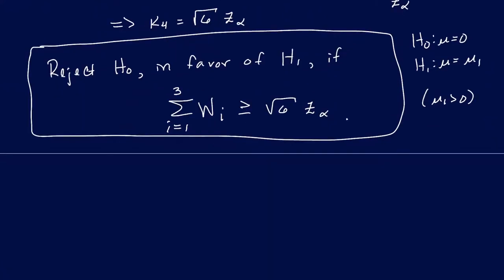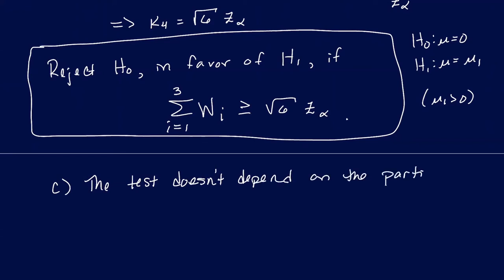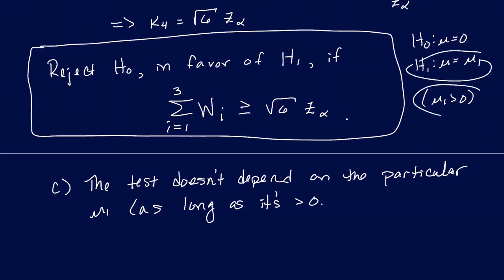So part C, the test doesn't depend on the particular mu1 as long as it's greater than 0. So it's uniformly most powerful, or best, or most powerful for any mu1 that we choose in this region.